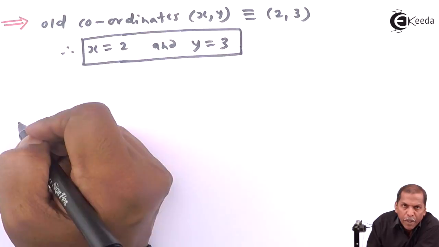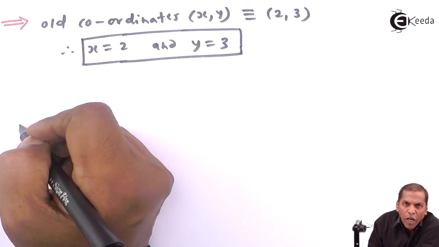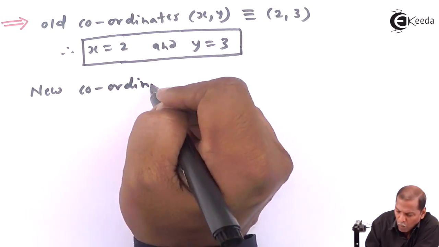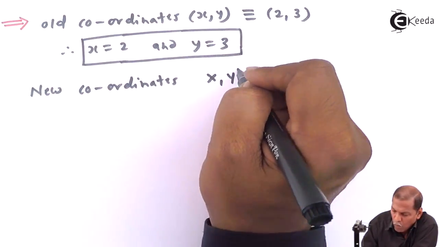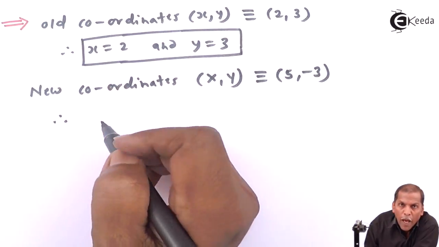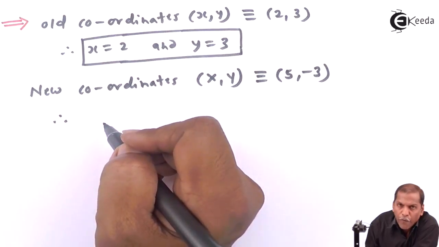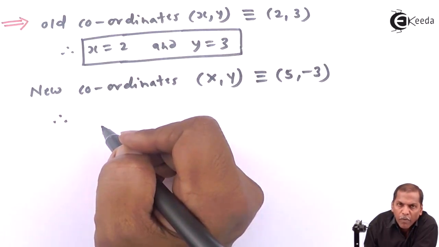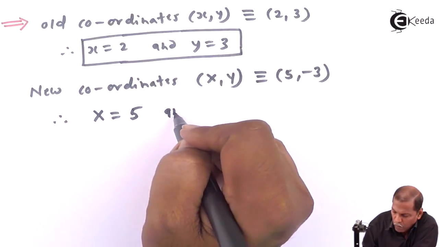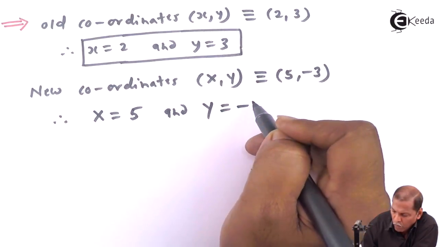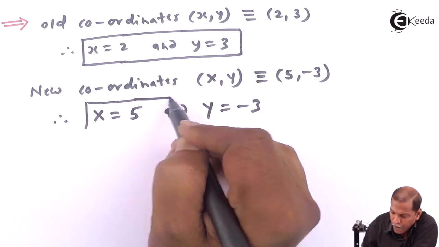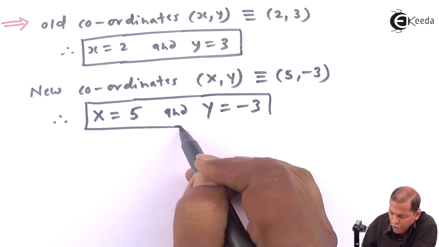Now new coordinates are given as (5, -3). Therefore capital X is equal to 5 and capital Y is equal to -3. So in this way we get the values of capital X and capital Y.